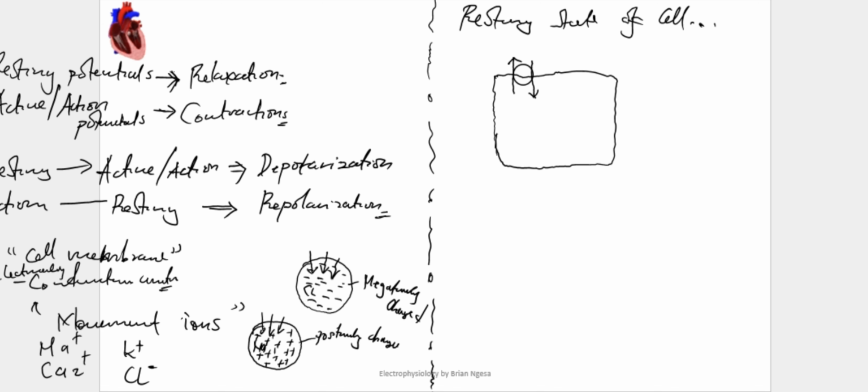So this is a type of active transport. And remember what we said with active transport: ions or substances are moving without much regard to the concentration gradient. So sodium potassium ATPase, let's write it here: sodium potassium ATPase.